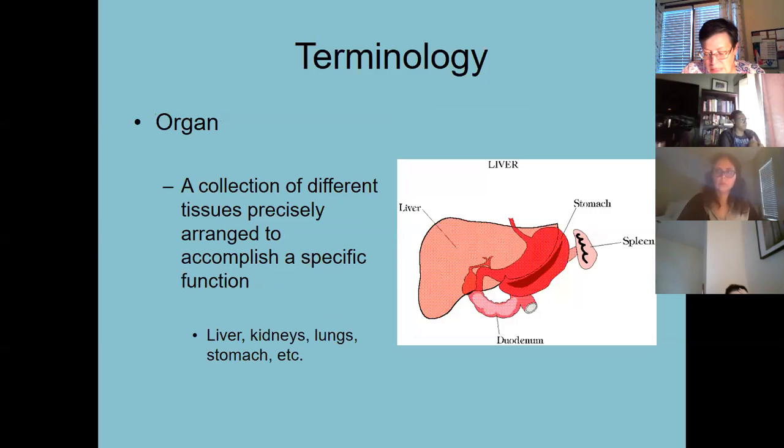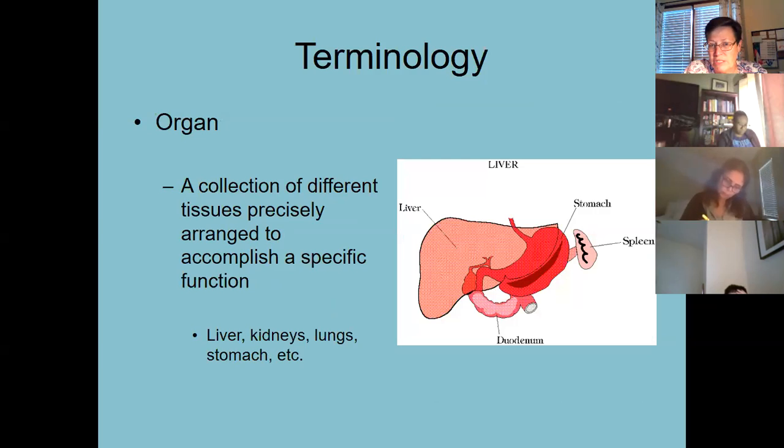So tissues combine together to make up organs. And organs are collections of different types of tissue that are precisely put together to accomplish a specific function. There's the parenchymal tissue, which is the active tissue.